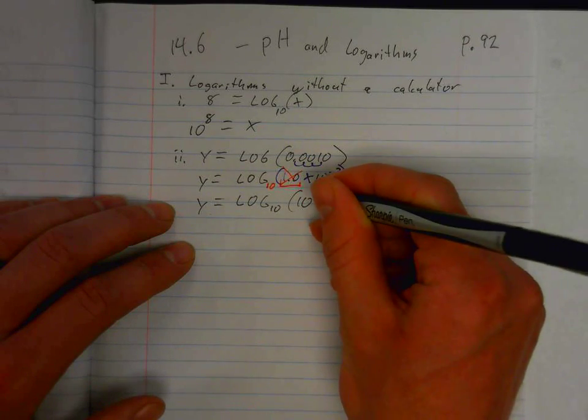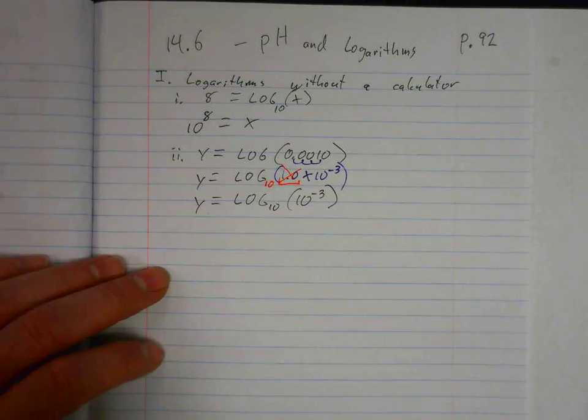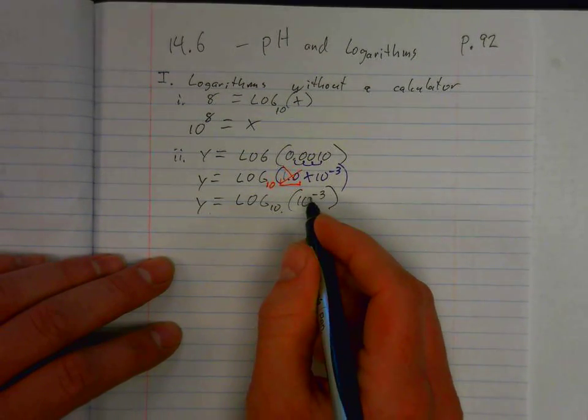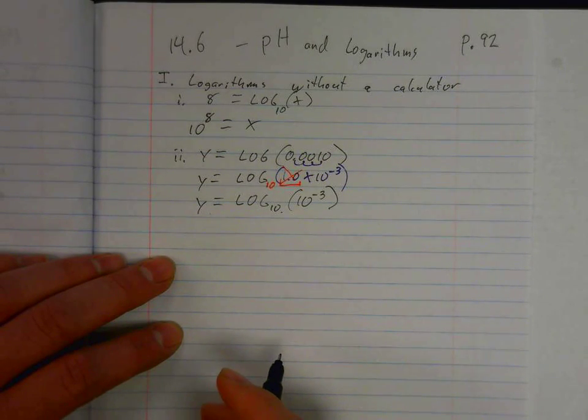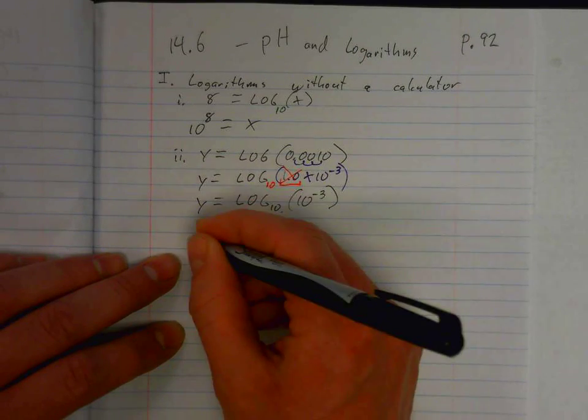Now, y is the power that 10 must be raised to get 10 to the negative third.